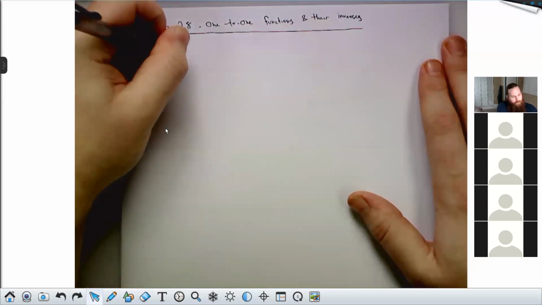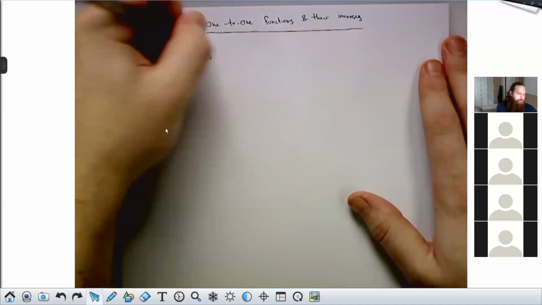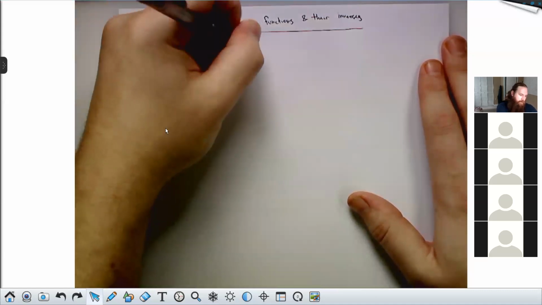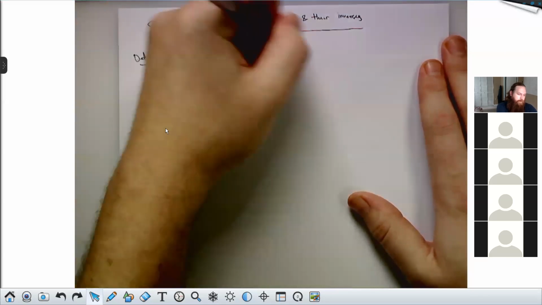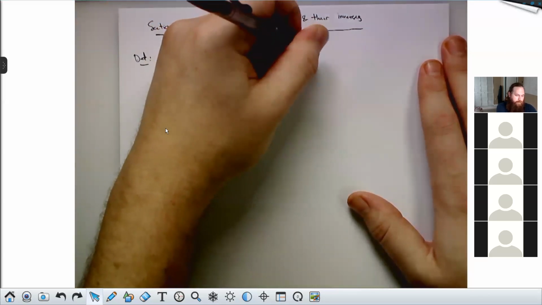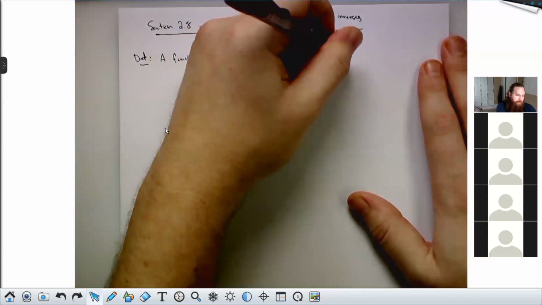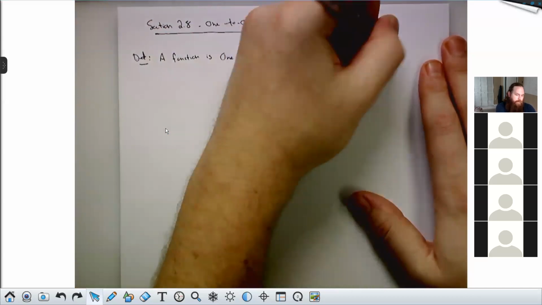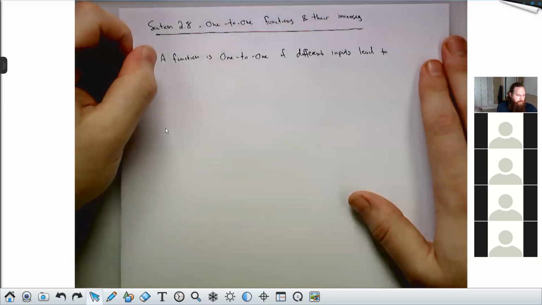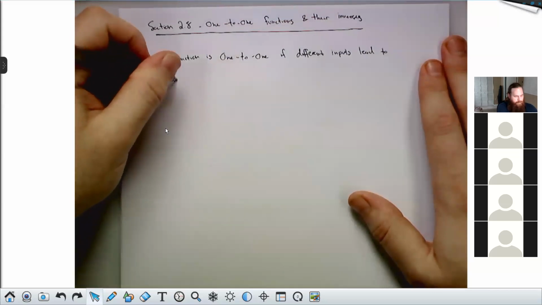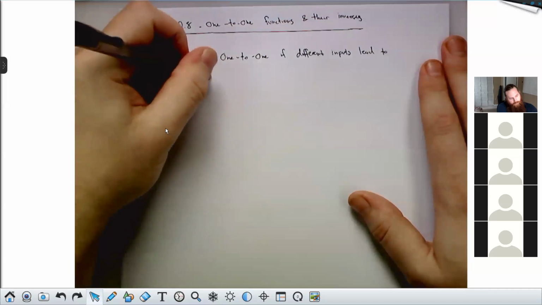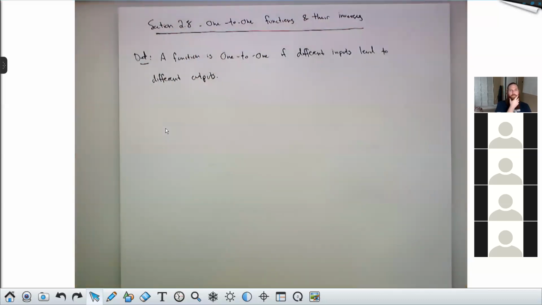A function is called one-to-one if different inputs lead to different outputs. Okay? One-to-one functions are perfect pairings where every input has its own output and every output came from one and only one input.